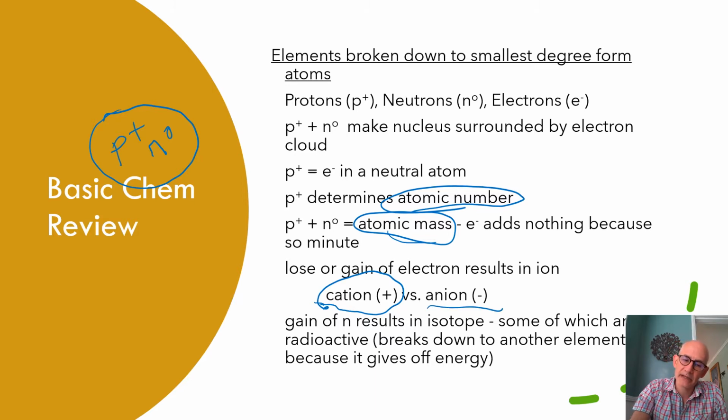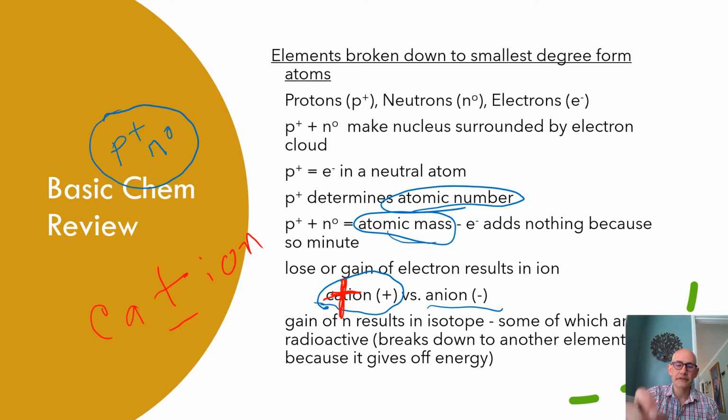So the way that we can easily remember that cations are positive is because in the name cation, the T is a plus. So if you write it out, cat, ion, plus in the middle, it's positive. And that is a cation, not a cation. I know we're in the South, but it's a cation.